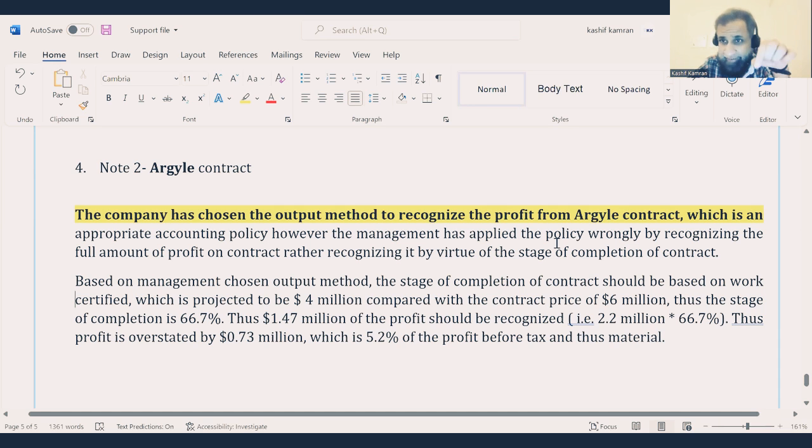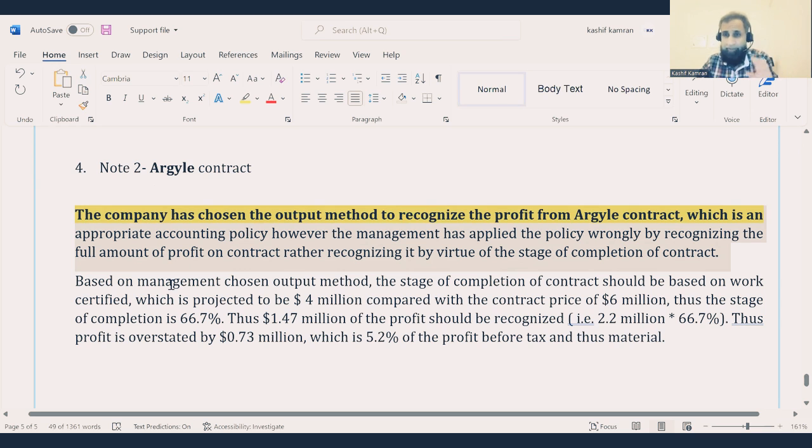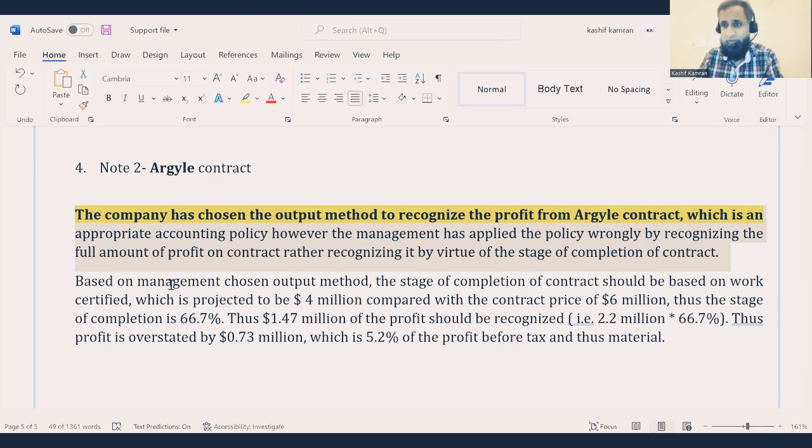They have utilized the output method wrongly by recognizing the full amount of profit on the contract rather than recognizing it by virtue of stage of completion. Tell me how many of you are clear with the first paragraph. Read the first paragraph. The accounting policy is right, but the application of the accounting policy is wrong. Do you all agree with me?